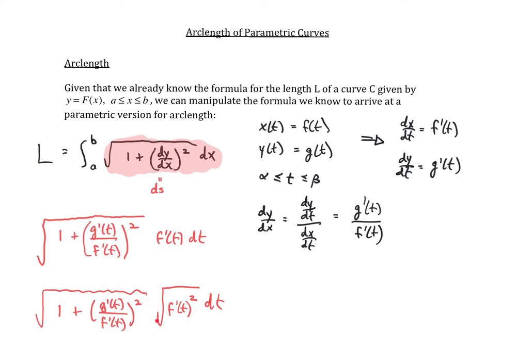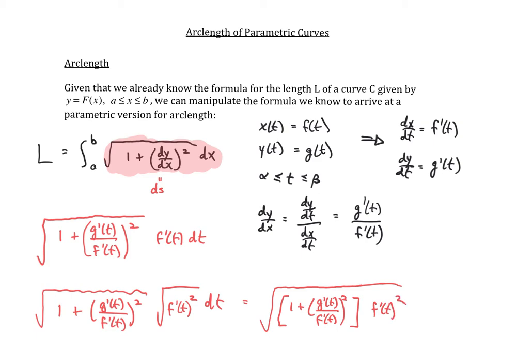So now that I have two square roots, I can move the f prime of t squared inside the square root there. So this is going to become the square root of 1 plus g prime of t over f prime of t quantity squared, and that whole thing is going to be multiplied by f prime of t squared.